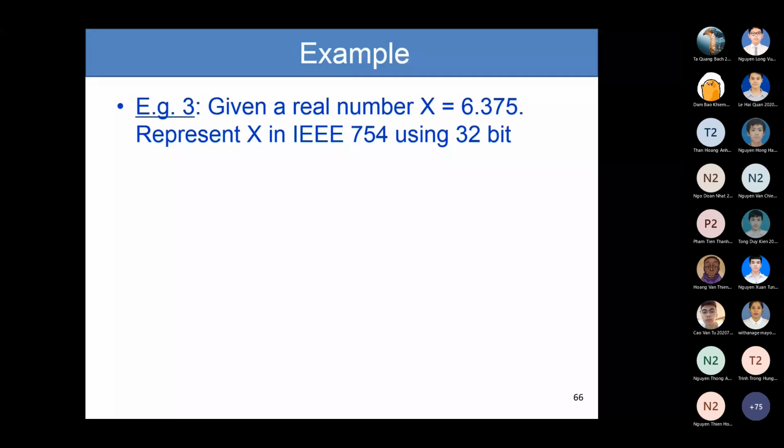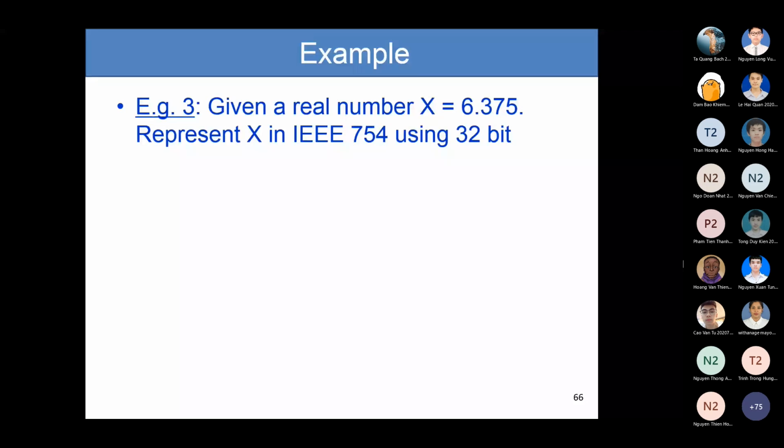And then we write as follows: x equals 1.10011 multiplied by 2 to the power 2, right? Is it correct?